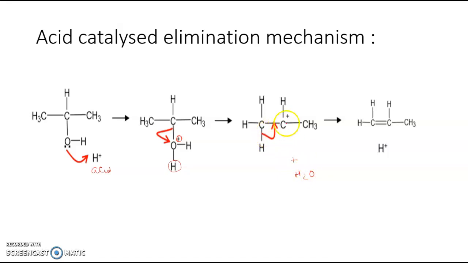And then the carbon becomes positively charged, due to which it takes the electron pair from the neighboring carbon, and therefore H plus is then removed again. And you can see that H plus is regenerated at the end, and that's why you can say that the acid acts as a catalyst. It's regenerated, it's not utilized in the equation.